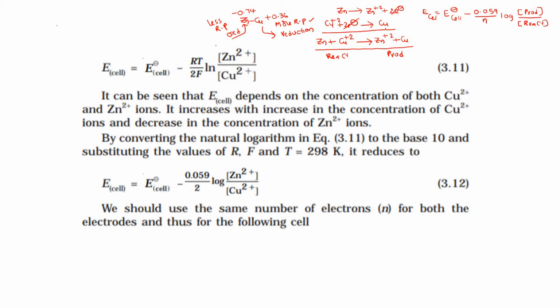Now write down this one. E cell is equal to E naught cell minus 0.059 divided by how many electrons participated here? 2 electrons. Put here 2 log.